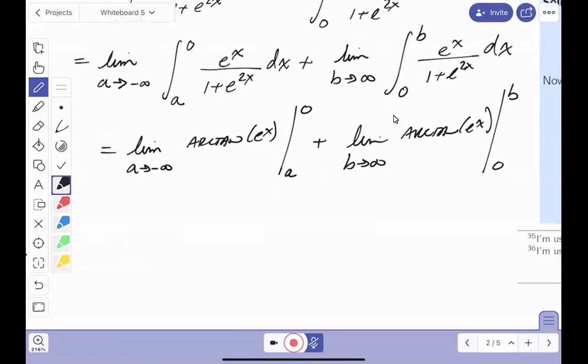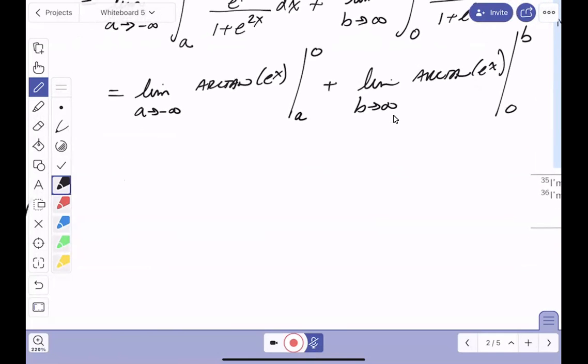All right, remember, you're getting credit for all the work you can put down if it's correct. Limit as a goes to minus infinity. Oh, this is going to be a tough one, right? So arctan, what's e to the 0? It's 1, minus arctan of e to the a, right?